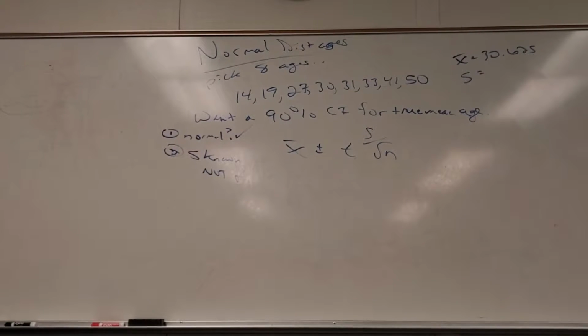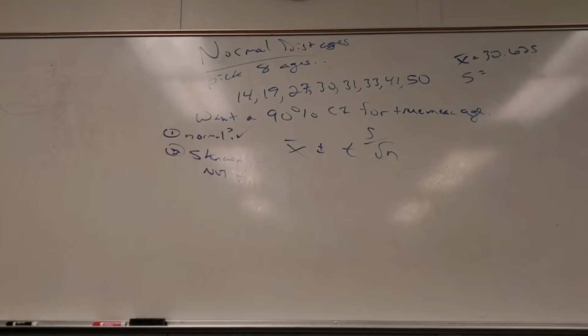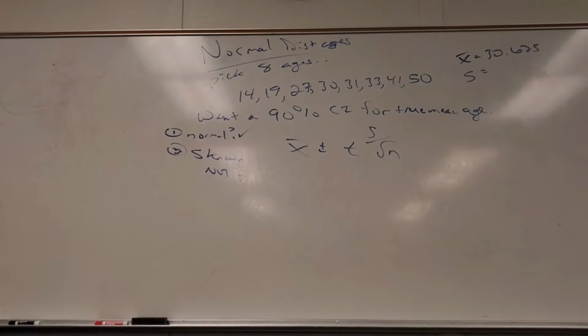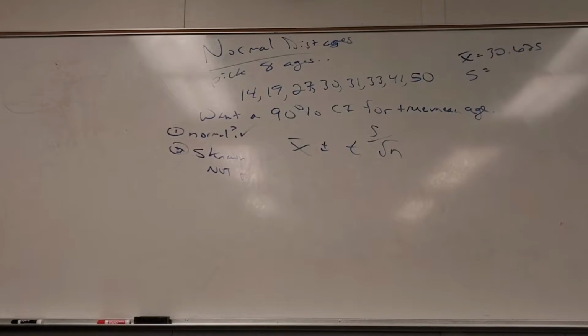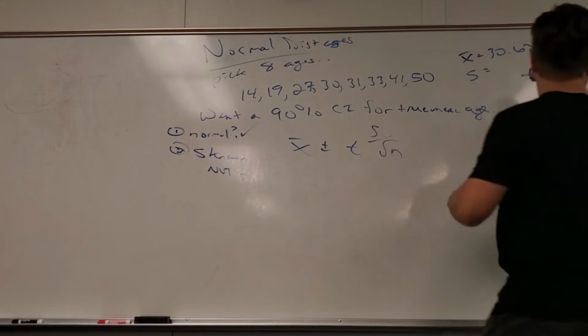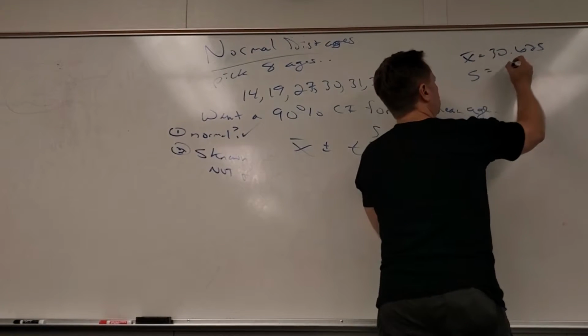So this is the standard deviation of individuals. When I take a group, it becomes standard deviation of a mean of things. We normally don't put the little subscript x, but that's why the calculator does it. It's saying this is for the individual things you put in me. This is the spread. So we can't use this one. You got to use this one because it's a sample. So S is 11.426.